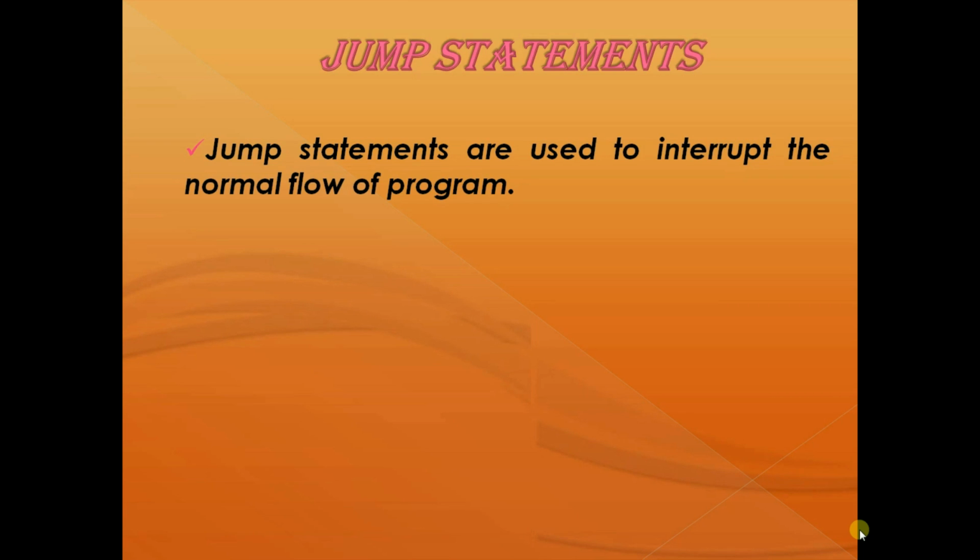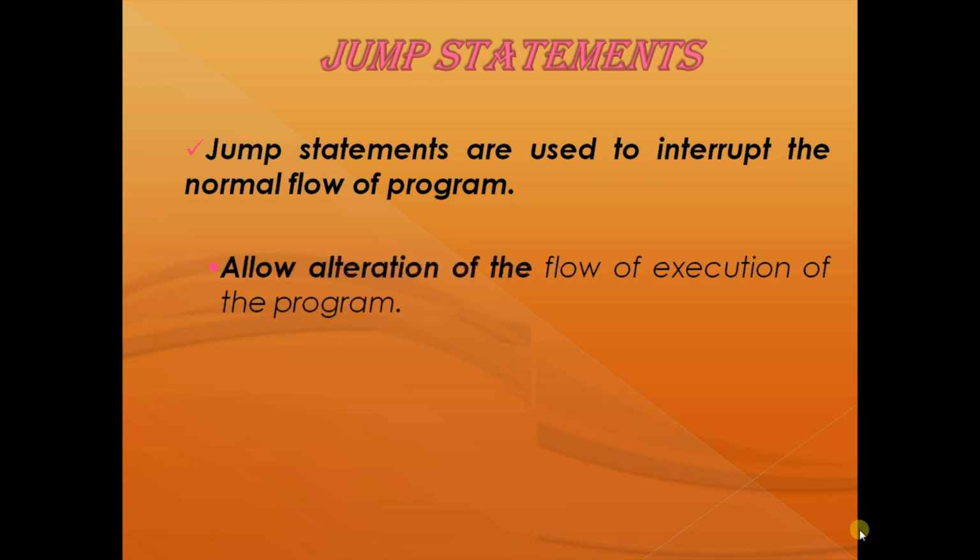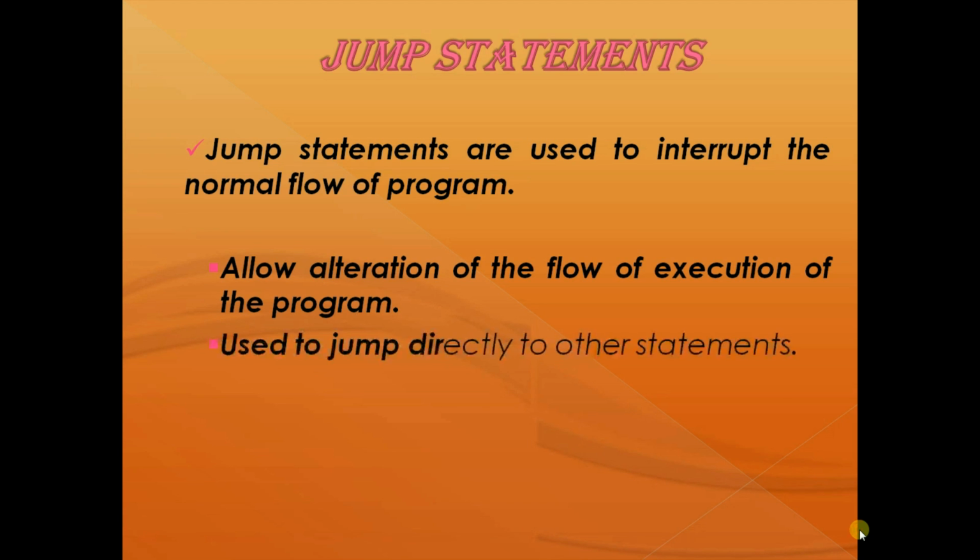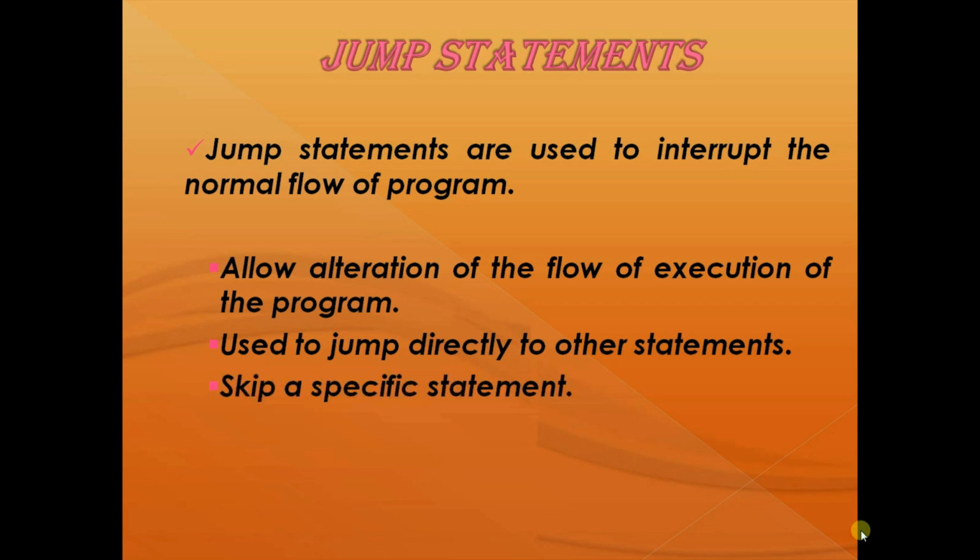These statements are very useful from the programmer's view because they allow alteration of the flow of execution of the program. These statements can be used to jump directly to the other statements, and they can skip a specific statement and so on.